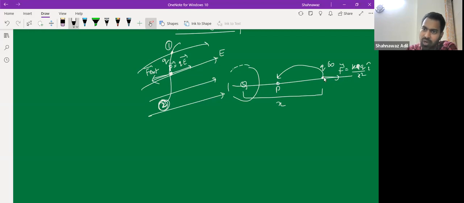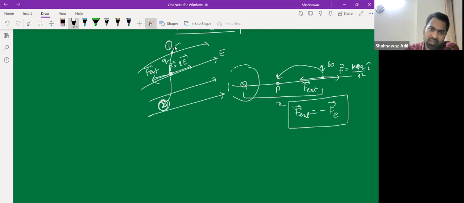So we have to apply some external force in this direction to bring this charge to this point. The work done would be due to this external force that we are applying, and this F external would be exactly equal to the electric force, but in the opposite direction.